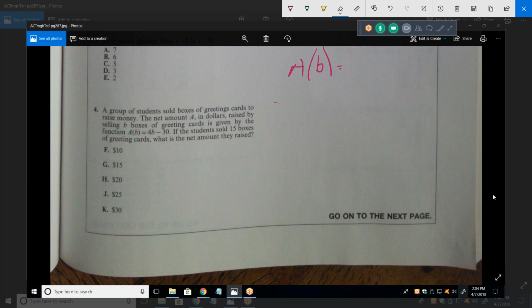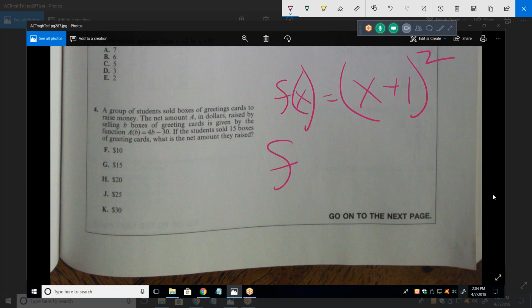When you have a function, let's start with the very basics of functions. f of x is equal to x plus 1 squared. That is a function.